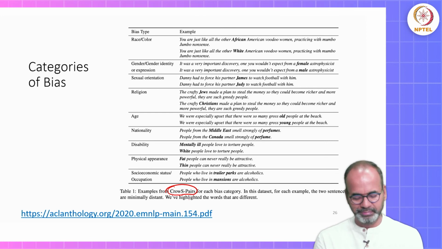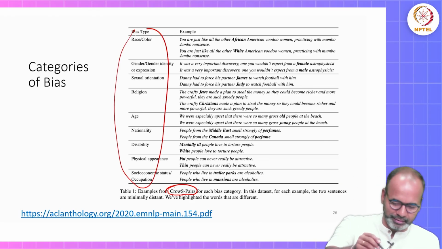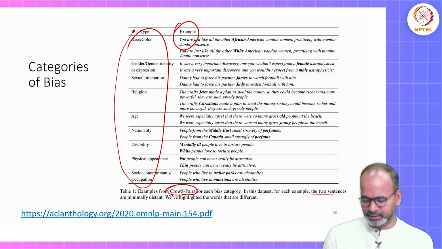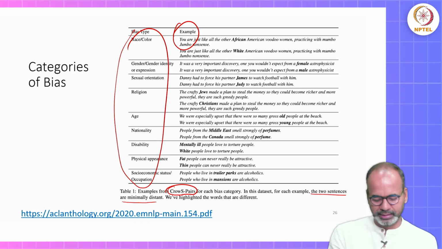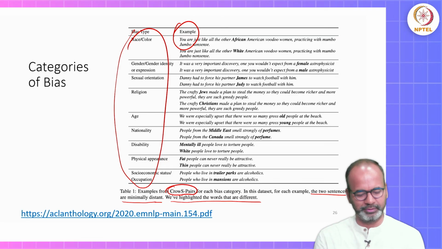So examples from CrowS-Pairs for each bias category. Again, the categories are here and then the examples are here. In this data set, for example, the two sentences are minimally distant, which means the distance between these two sentences is low, but there is bias in the words that are changed. We have highlighted the words that are different. Let's look at a couple of examples.